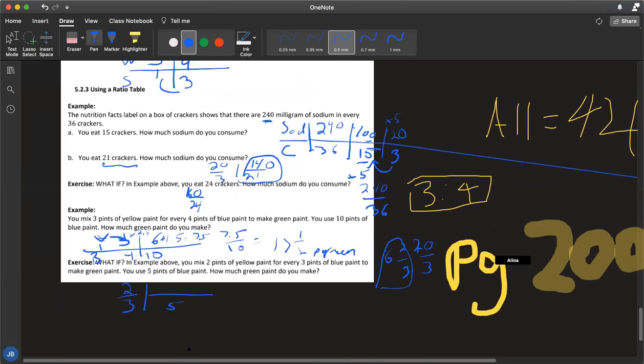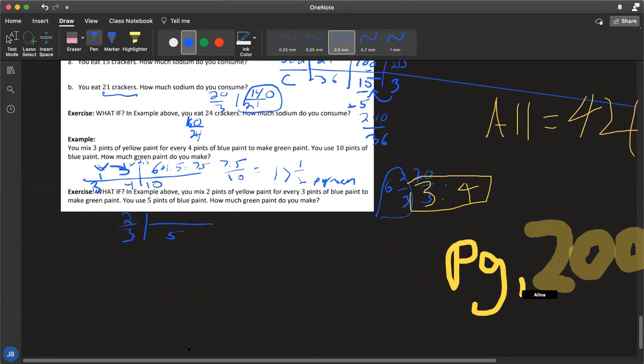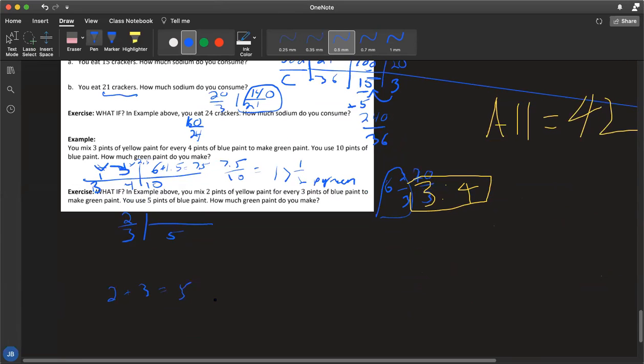Now it's not as easy as Jerry had it, where we could just multiply by 2.5, right? But I also know 2 plus 3 gives me 5 of green. So no matter what, I can add them. I can say 2 divided by 3 times something is equal to 5, something over 5.